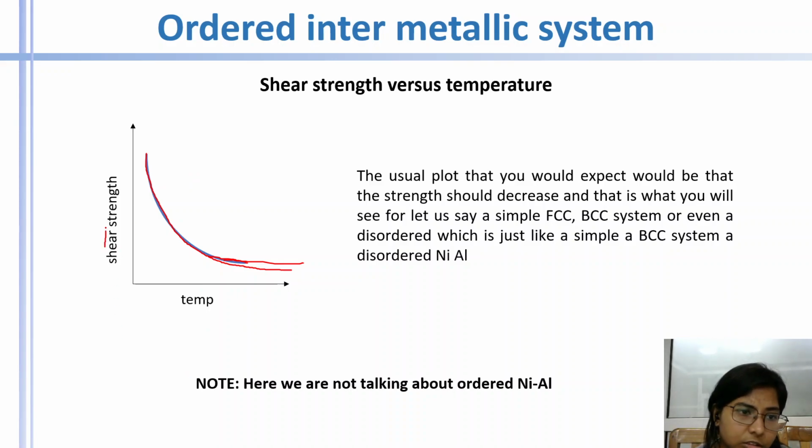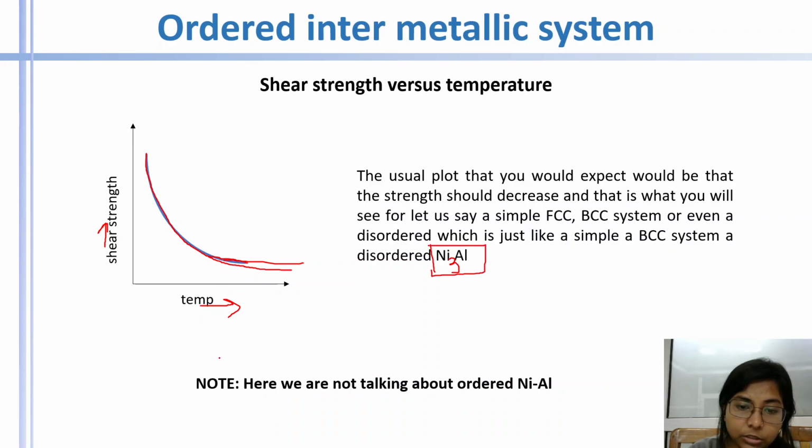So this is the shear strength, and this is the temperature. The usual plot which we would expect is that the strength of the material should decrease, and that is what we expect, and also observe experimentally, for simple systems like FCC, BCC, or even a disordered system like Ni3Al.